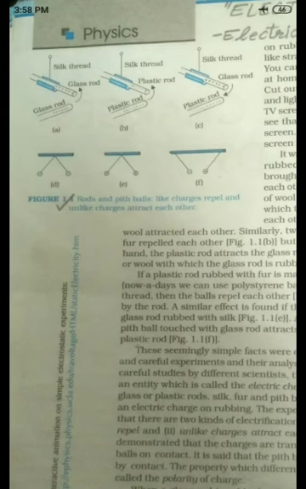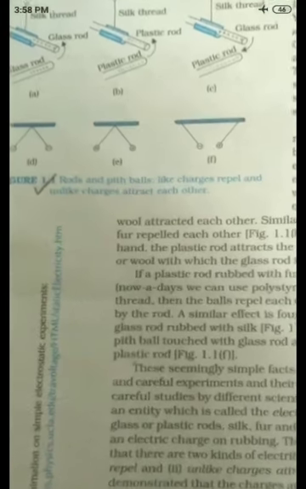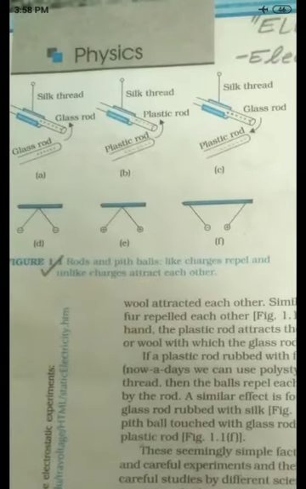Further, from these experiments, we can see that if the charged rod is brought in contact with the silk with which the glass rod was rubbed, then they no longer attract each other. And they also do not attract or repel other light objects as they did earlier. This clearly indicates that charges acquired after rubbing are lost when the charged bodies are brought in contact again.